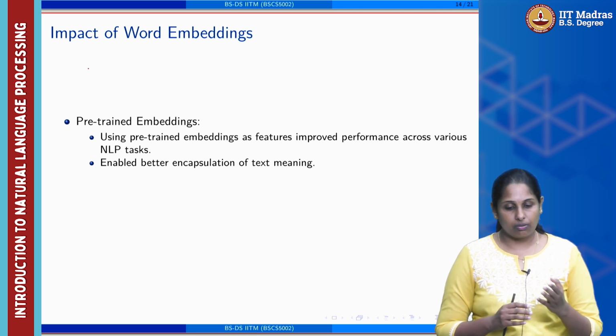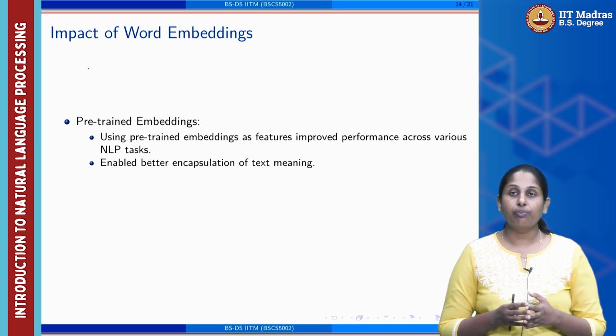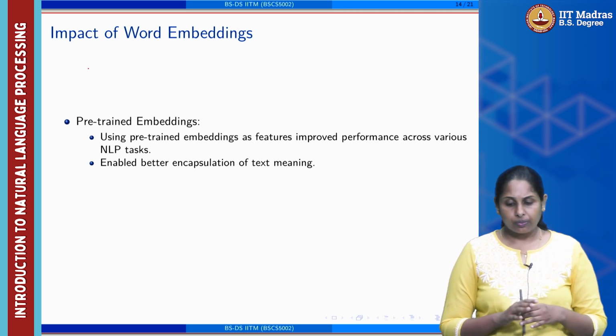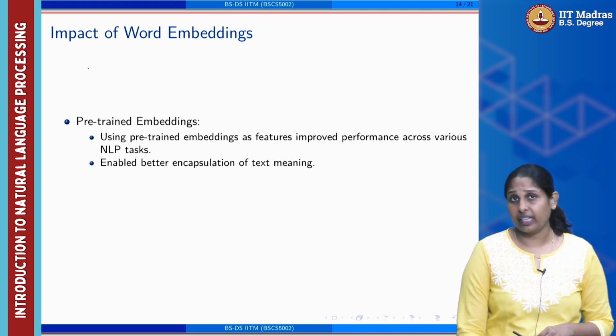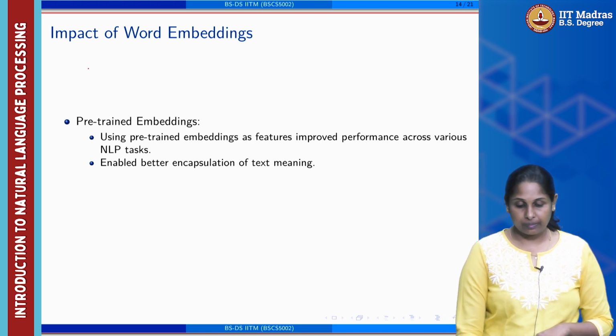That is how pre-trained embeddings were used as a feature, and they improved performance across various NLP tasks. They help us understand text meaning, which comes through distributional semantics, that is, understanding words through embeddings.